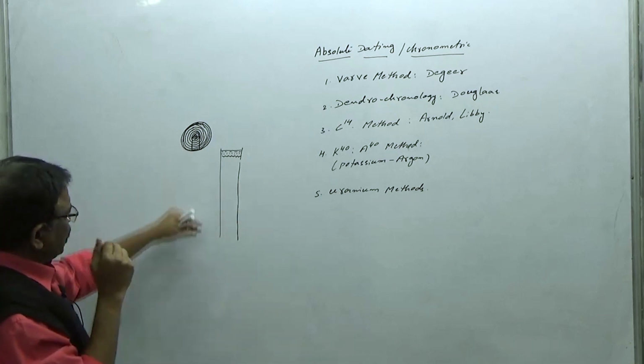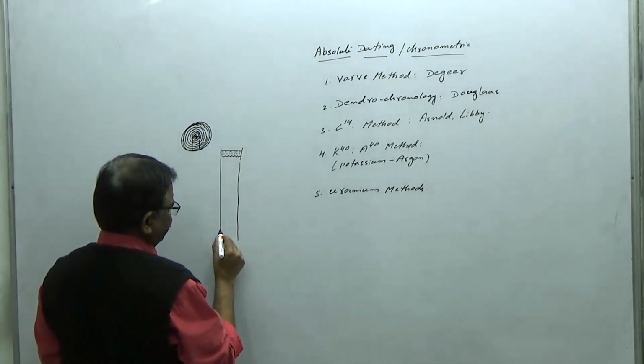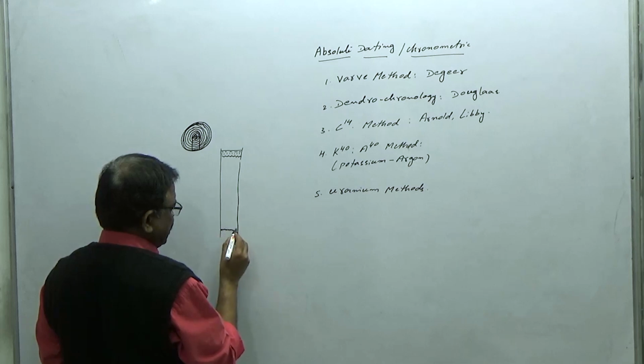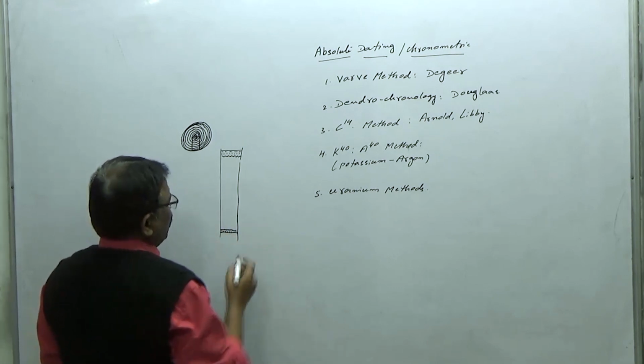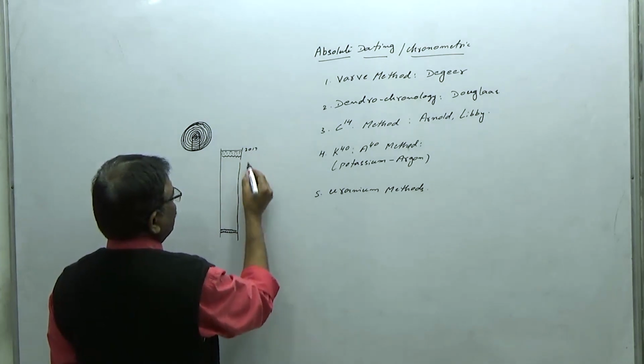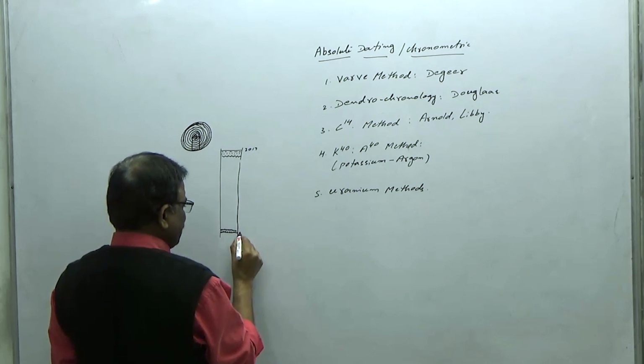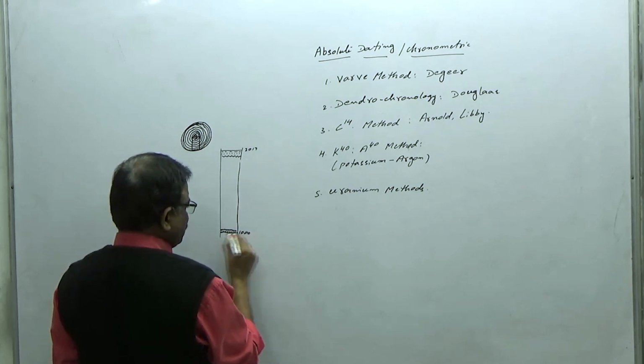Then, after selecting this, they analyze the rings. Okay, this last one is something like 2017, 2016. This may be 1000.